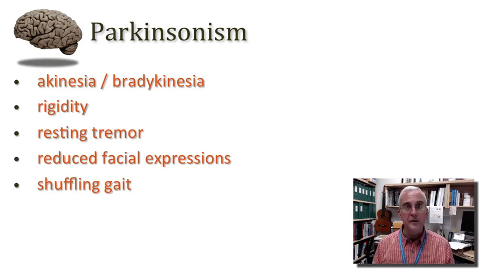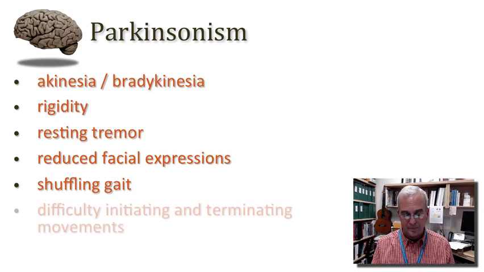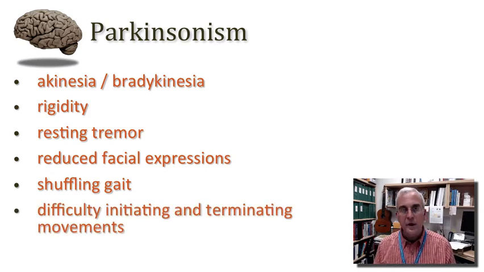And there's a very characteristic gait pattern that's seen in people with Parkinsonism. It is a shuffling of the feet with very small steps and very little elevation of the foot above the walking surface. So one of the characteristic signs of Parkinsonism is difficulty initiating and terminating movements.